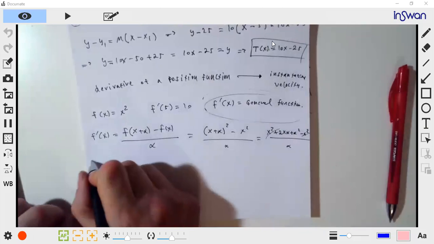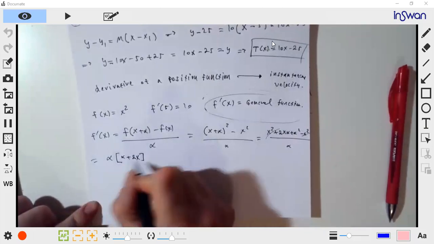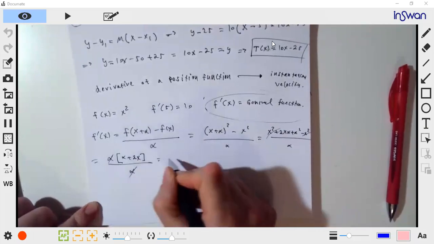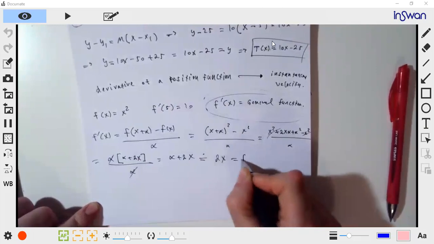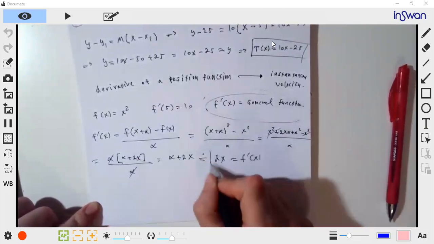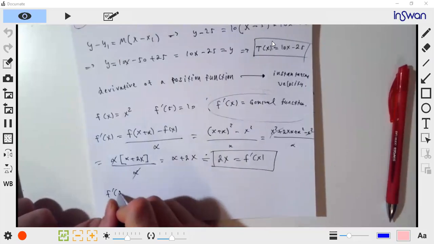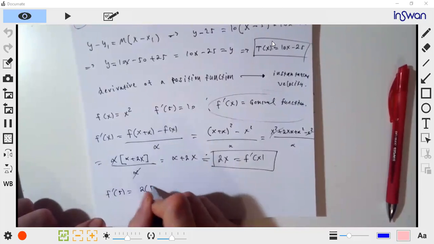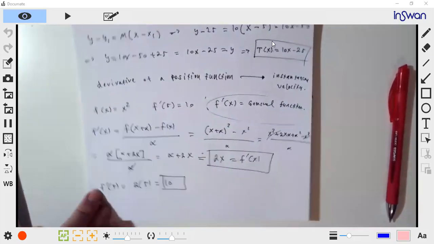Cancel out the x squares, factor out an alpha, you get alpha plus 2x, all over alpha. Alphas cancel, so you get alpha plus 2x, which renders the real result 2x, which is equal to our f prime of x. This is the general derivative of the function at any input. So notice that f prime of 5 would then equal 2 times 5, which restores our value 10, just like in our calculation above.